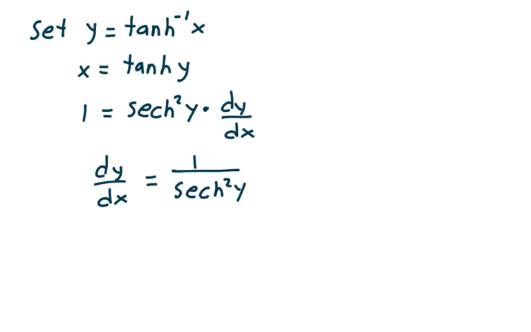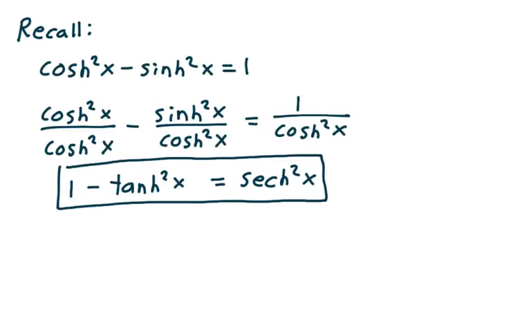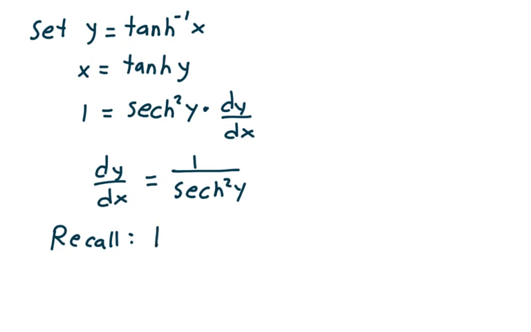Okay? But recall, let's go back to the previous page. Notice that 1 minus hyperbolic tangent squared of y is equal to hyperbolic secant squared y.